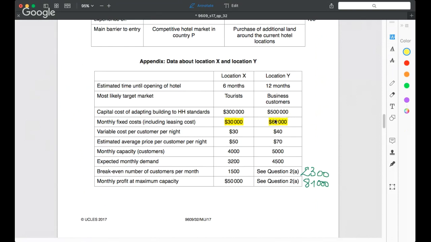We are going to consider this: estimated average price, monthly capacity, 4,000 and 5,000. Monthly expected, that's interesting as well. What else? Of course, 50,000. Okay, so this is really important for us.